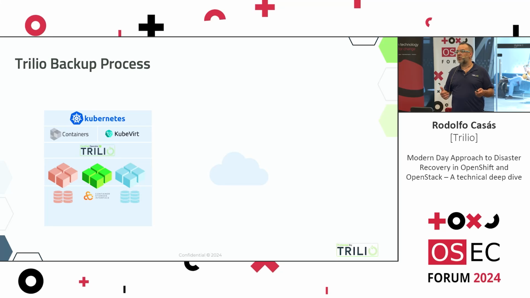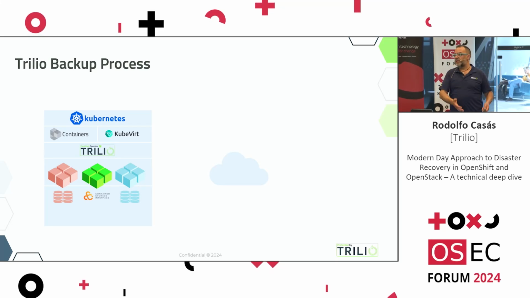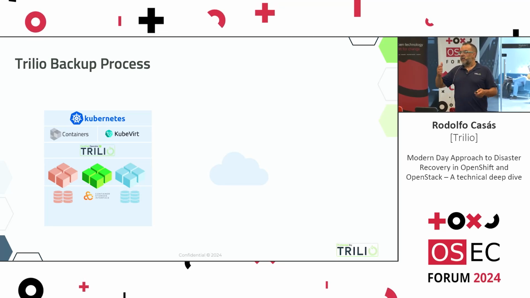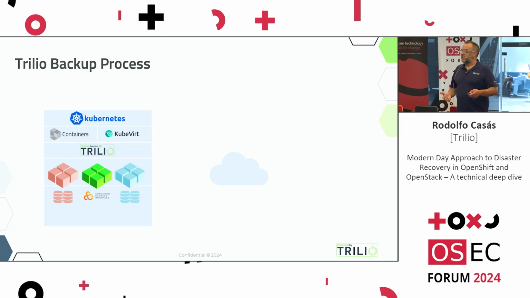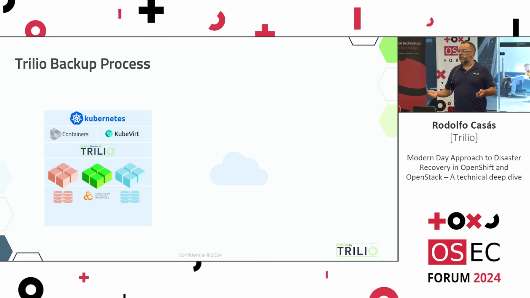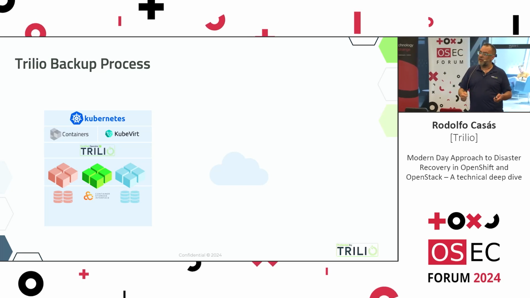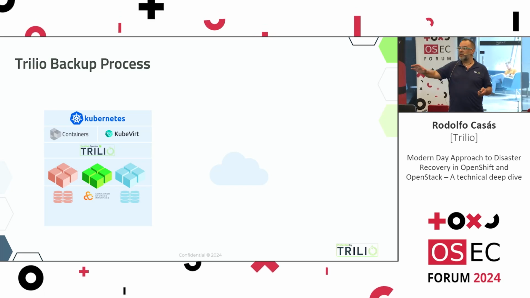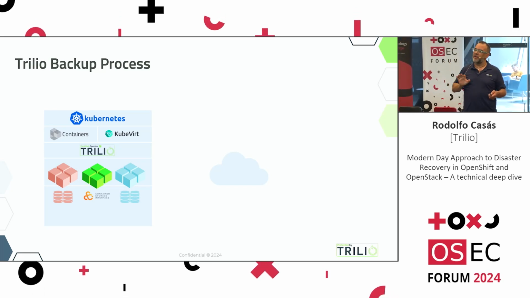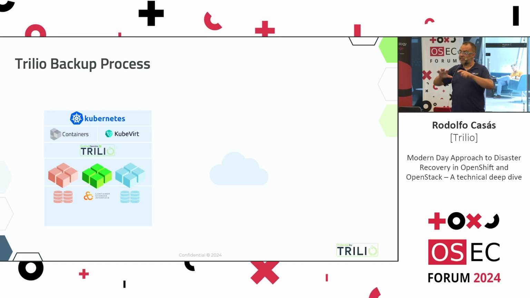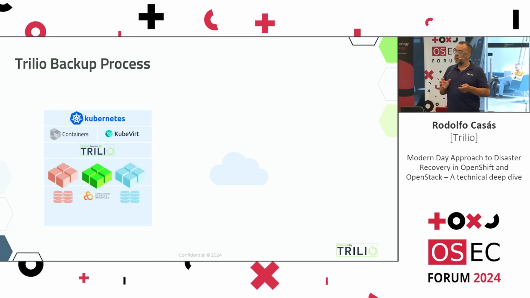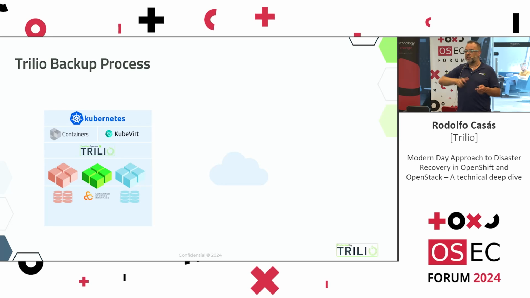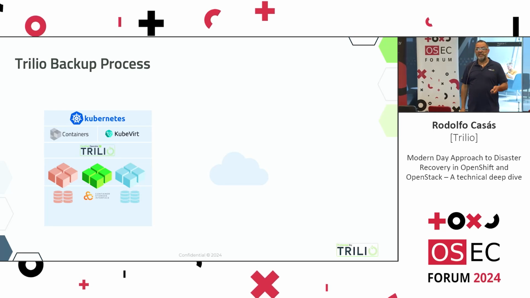Because what happens if you're going to restore something or you have a disaster recovery event and your image registry is down? You will not be able to pull any images to restore your applications. So you have to set up a temporary registry, and then you can push with Trilio UI, really simple, you can push your images as part of the restore, okay? So what will happen is push and then restore everything, okay?